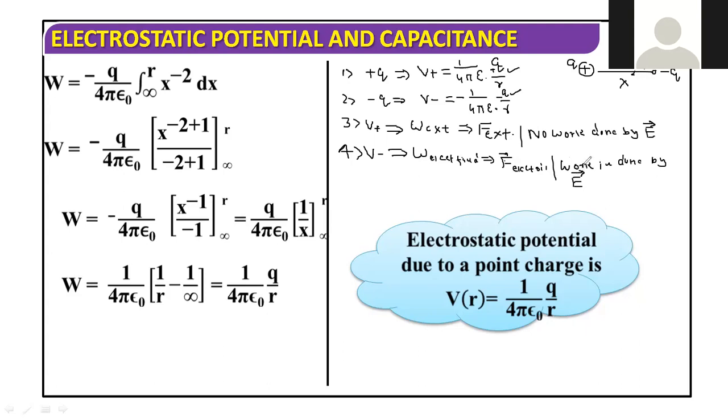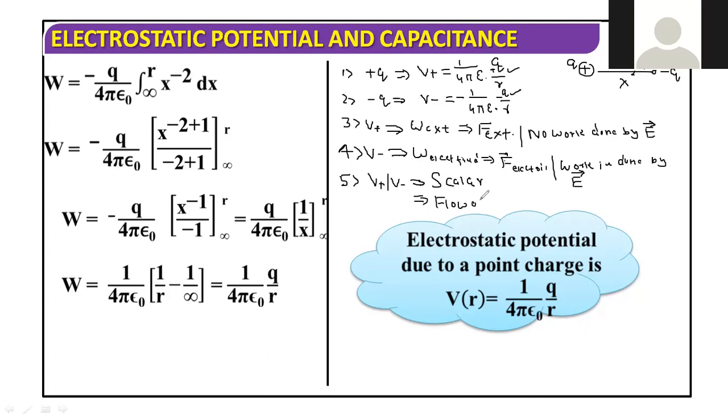The fifth point is that potential, whether it is positive or negative, is a scalar quantity, because the potential defines the flow of charge, or the flow of energy.